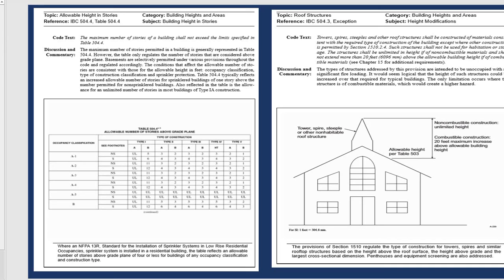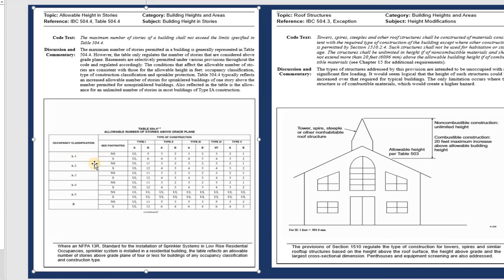And this one shows you the allowable number of stories. Before, the table showed you the maximum height of the building, and this one limits how many stories you can use. For example, you have group A1, A2, A3, A4, A5, B, and this is for non-sprinkler and sprinkler, and this is how many stories you can use.